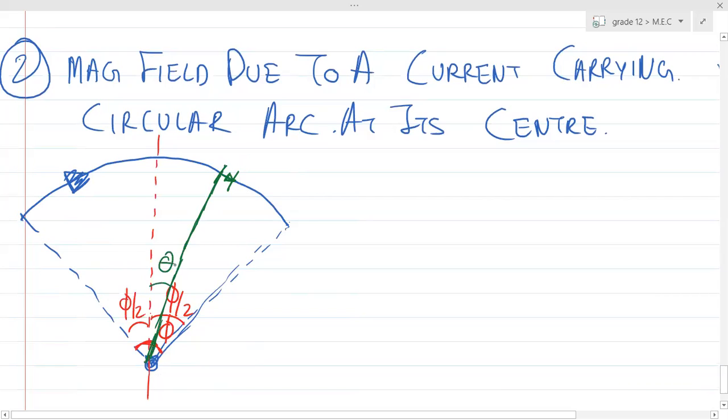We can consider the dl vector to be just the direction of current at that point. And if they have given us electron flow, then it will be opposite to the flow of electrons. So is this clear, guys?